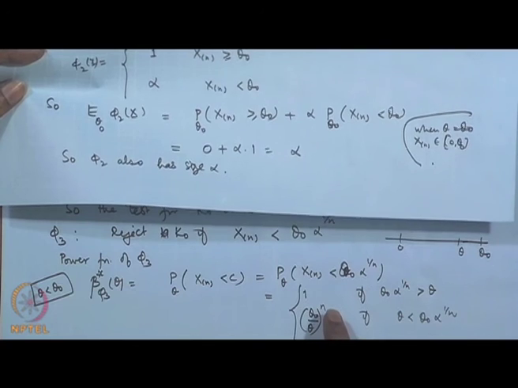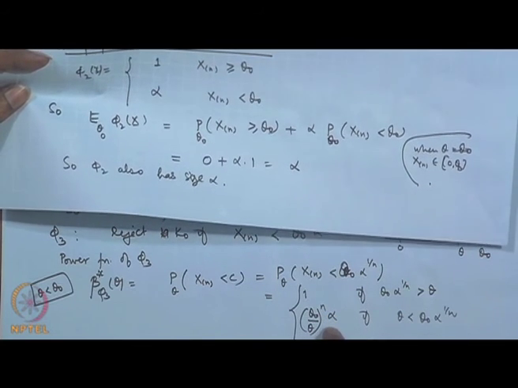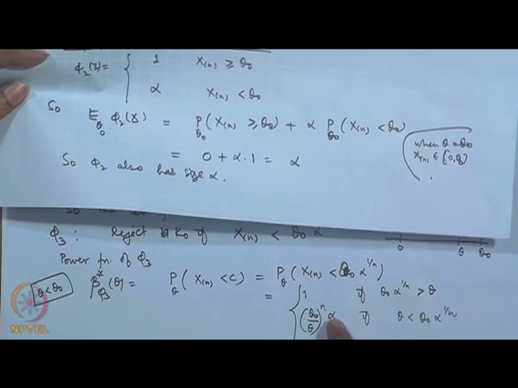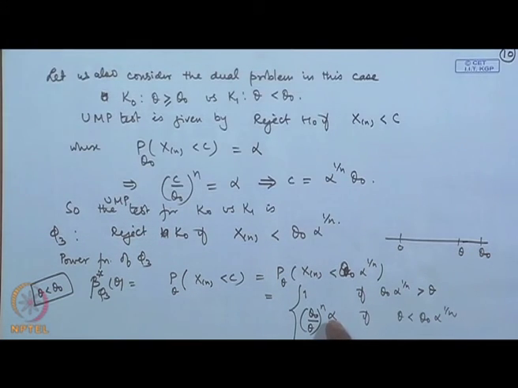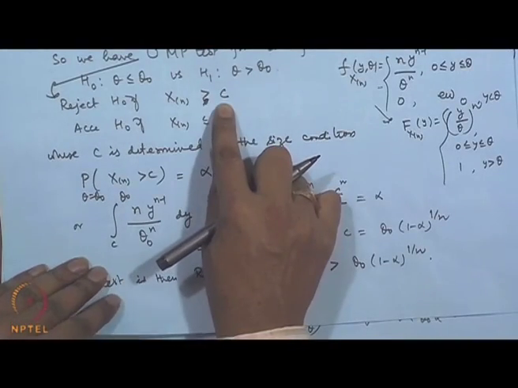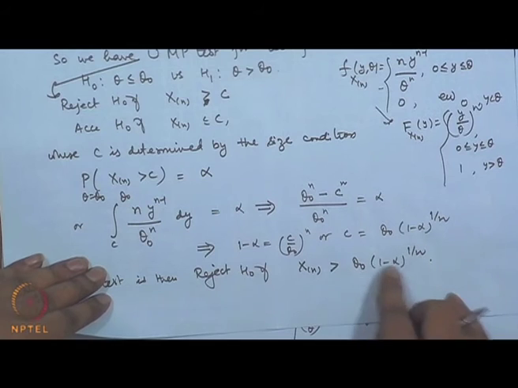Now, these two tests can be combined also. In this particular case, if I am considering theta equal to theta naught against theta not equal to theta naught, then for theta greater than or equal to theta naught, the rejection region is given by x n greater than something, and that something we have determined actually.